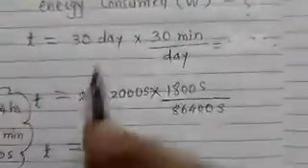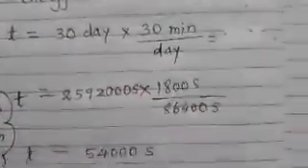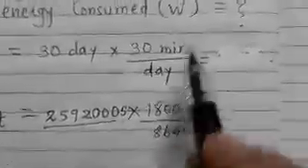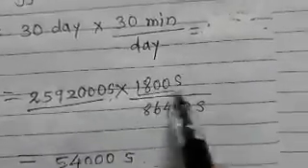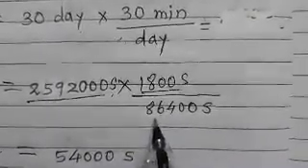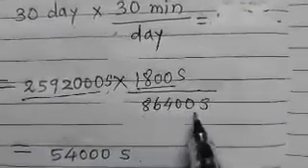So if we put the values, 30 days are converted into these many seconds. 30 minutes is 1800 seconds and 1 day is 86400 seconds.